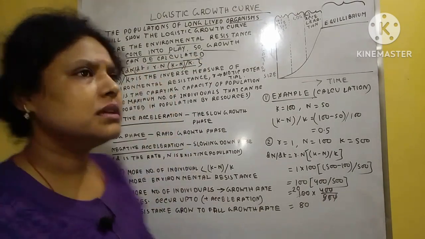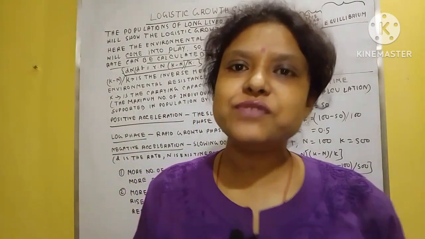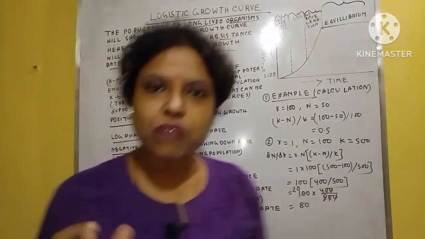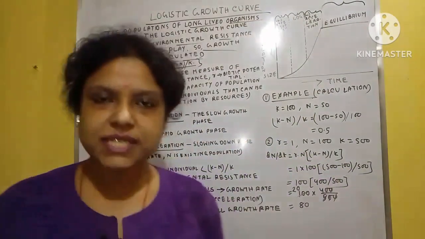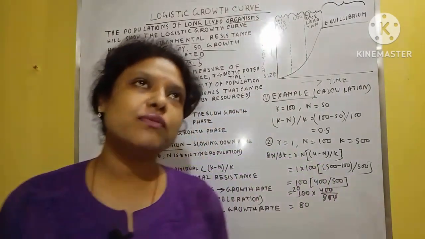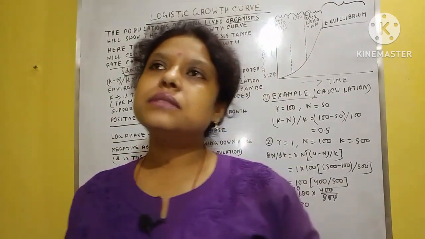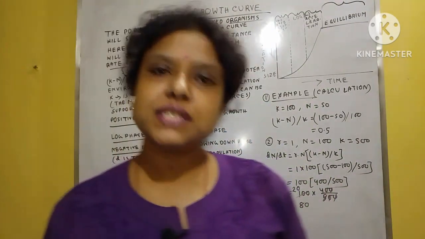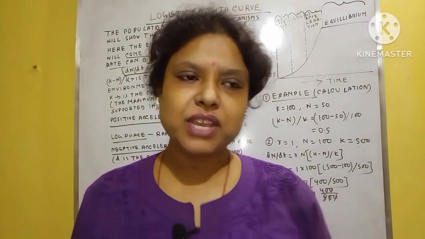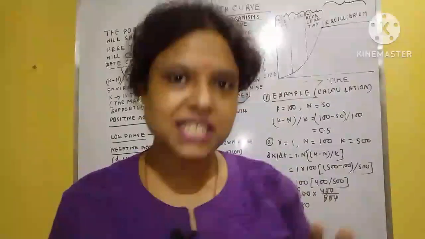Imagine that in long-lived organisms the effect of environmental calamities is naturally seen. But in short-lived organisms, the effect of natural calamities is seen very rarely, because their lifespan is very short.